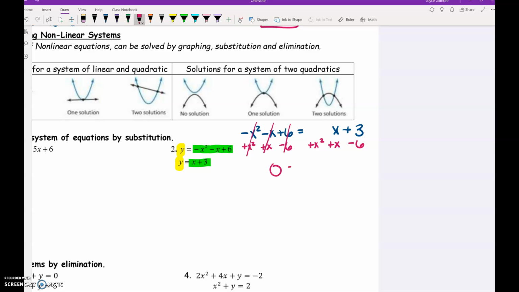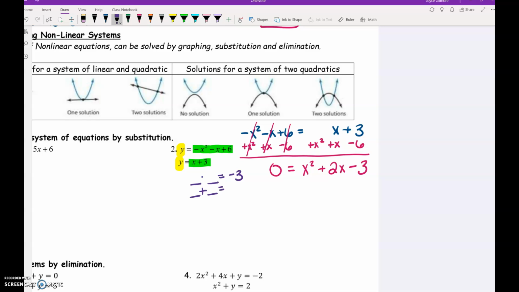That will give us 0 equals x squared plus 2x minus 3. Do you remember how to factor this? We're looking for two numbers that multiply to give us negative 3.